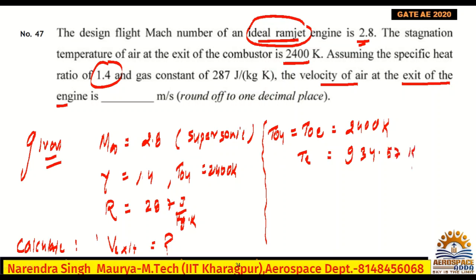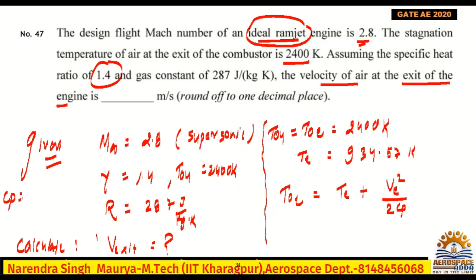And TE you have just calculated, 934.57 Kelvin. You know what the total temperature relation is? T naught is equal to Te plus VE square divided by 2 Cp. For air, you can calculate Cp here. What will be the Cp?